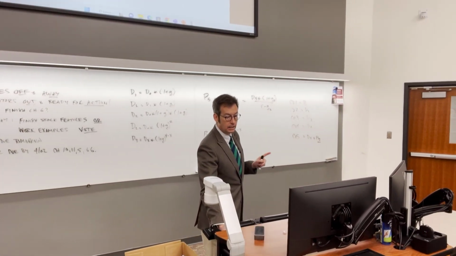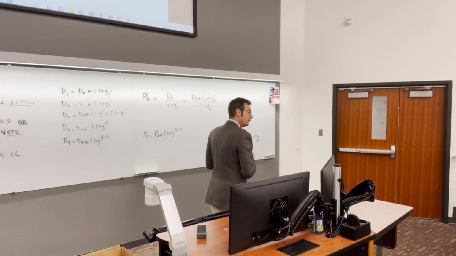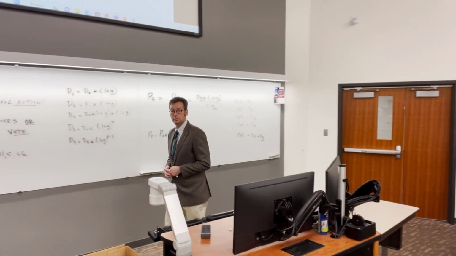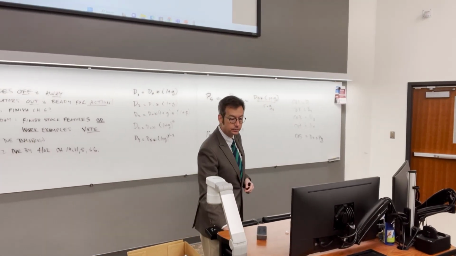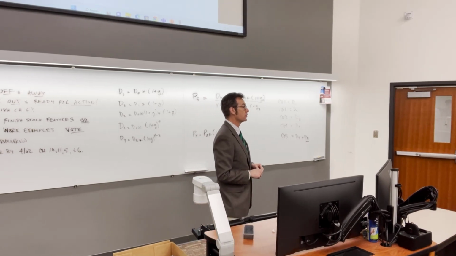Okay. Now, what button should I hit next in order to find the present value of all that stuff? NPV, very good. And what should I put in for I?